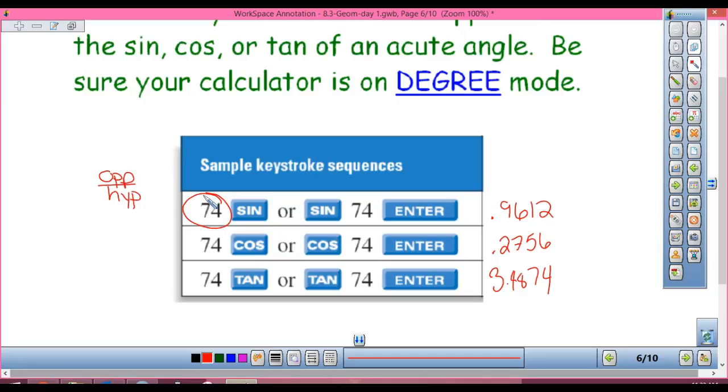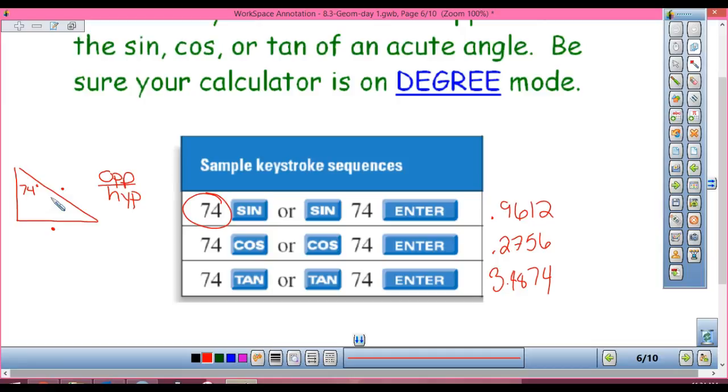That's the degree of the angle I'm looking at. So let's say I have a triangle with a 74 degree angle. This means that no matter what my sides are, if I have a 74 degree angle, if I divide opposite divided by hypotenuse, I'm always going to get 0.9612.